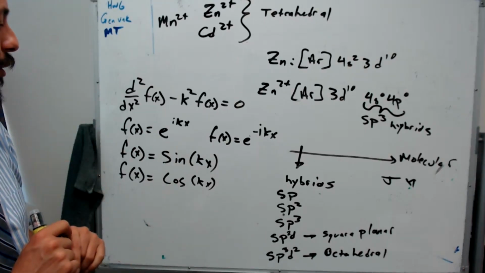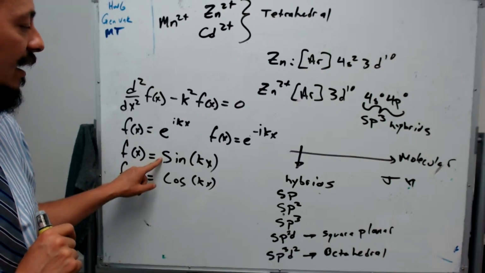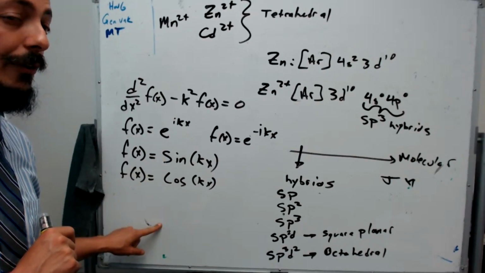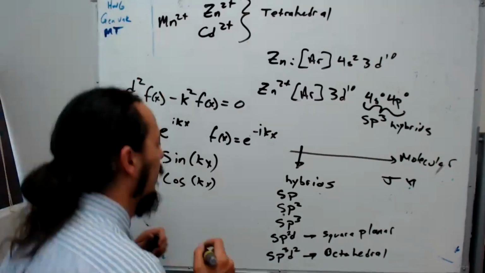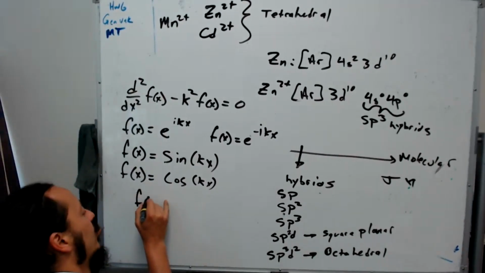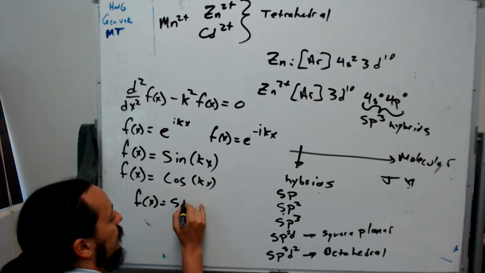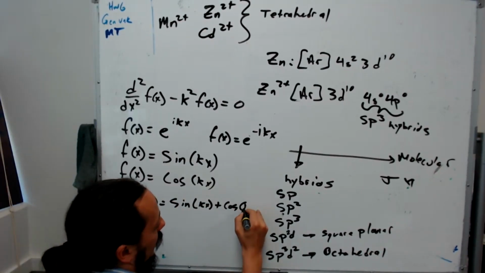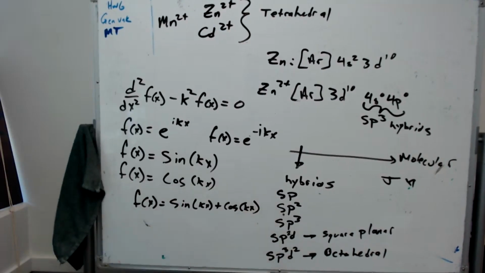Here's the catch. If sine is an answer and cosine is an answer, can I add those two together and also have them be an answer? Could I have sine kx plus cosine kx be an answer?